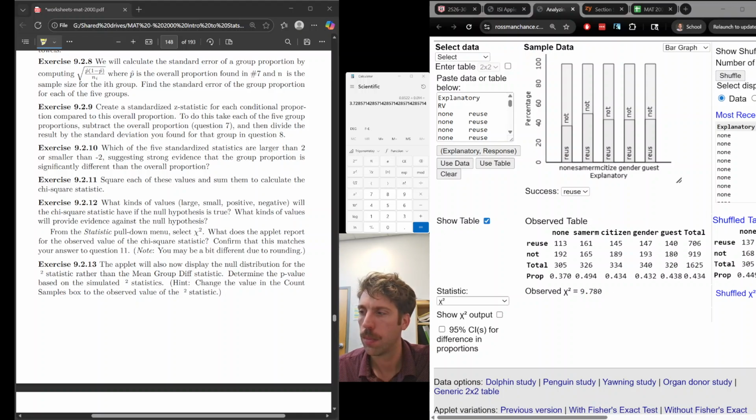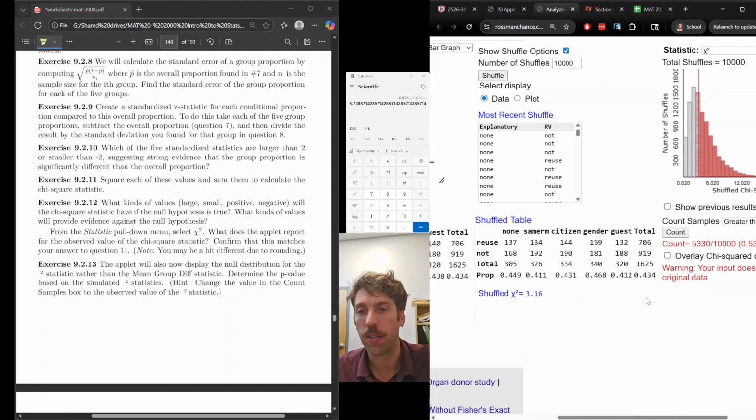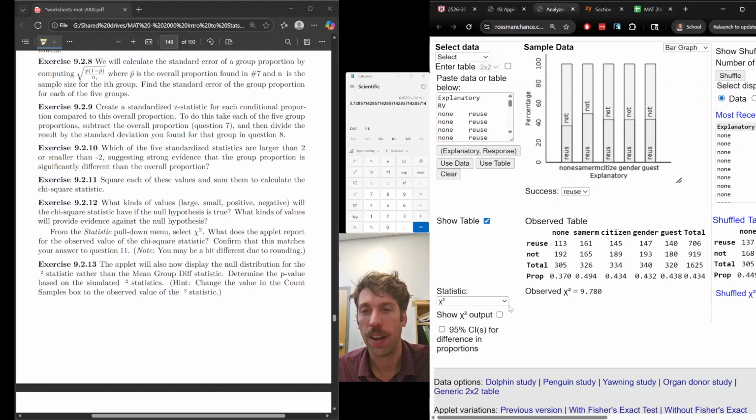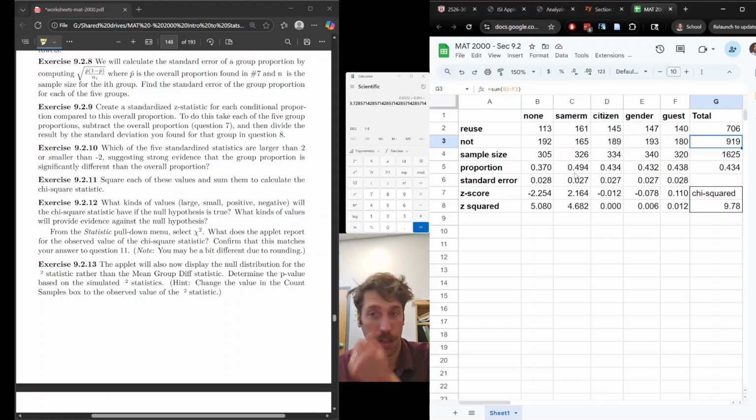I'm going to pause. Okay, the mistake I made, and let this be a lesson to you, is that I used the data from one of my shuffled tables and not the data from the original. So having made those changes, all of my formulas stay the same, so it's totally fine. But then my z-scores, I have two z-scores that are beyond 2. One of them's less than -2, one of them's bigger than +2.